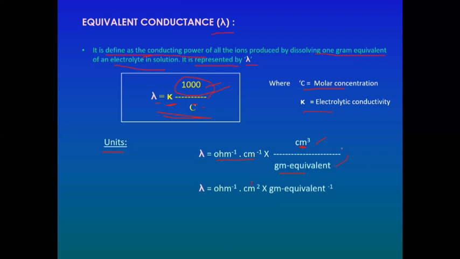Now take the gram equivalent weight outside, and we get gram equivalent weight inverse. Hence, the units for the equivalent conductance are ohm inverse centimeter square gram equivalent weight inverse.